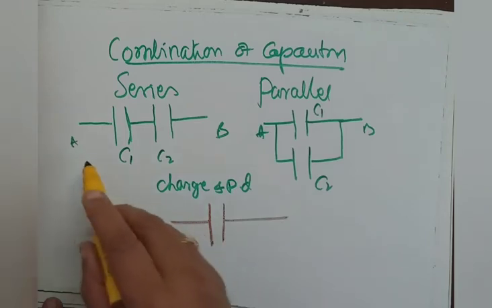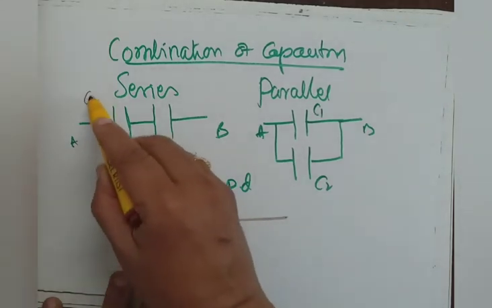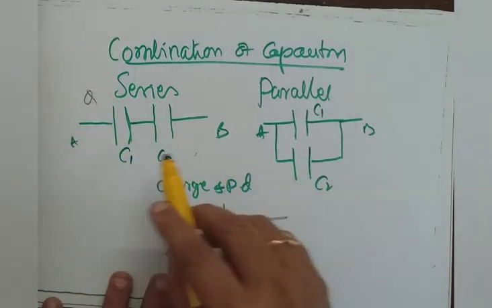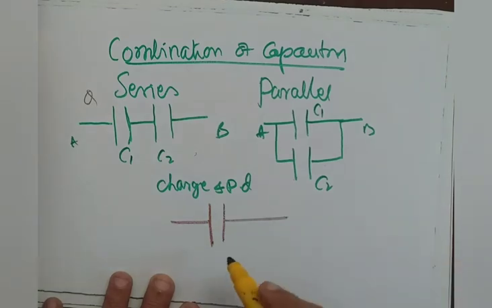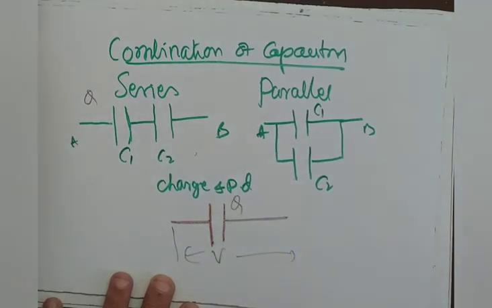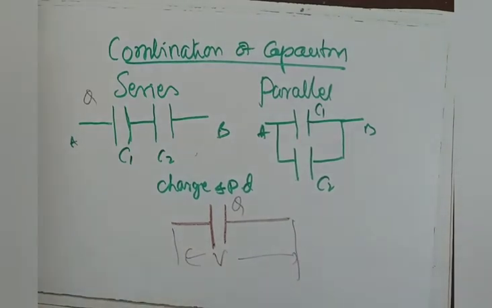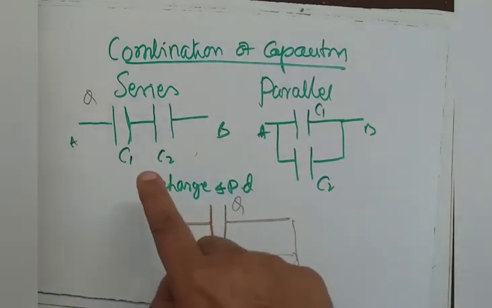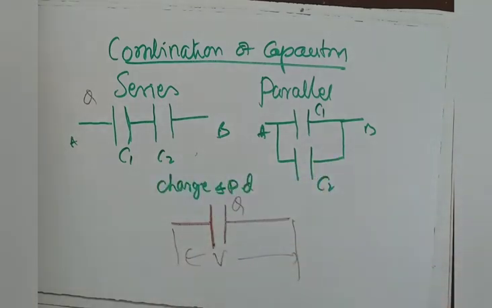Same effect means when you apply potential V and it is charged to Q, for either of these, then if you apply the same potential to the single capacitor, you get the same charge. Then we call that the same effect. So we define this single capacitor which produces the same effect as that of the combination. Same effect means for the same potential, the same charge is stored.